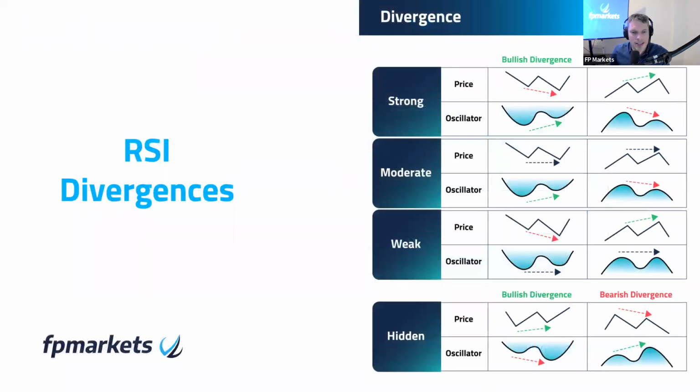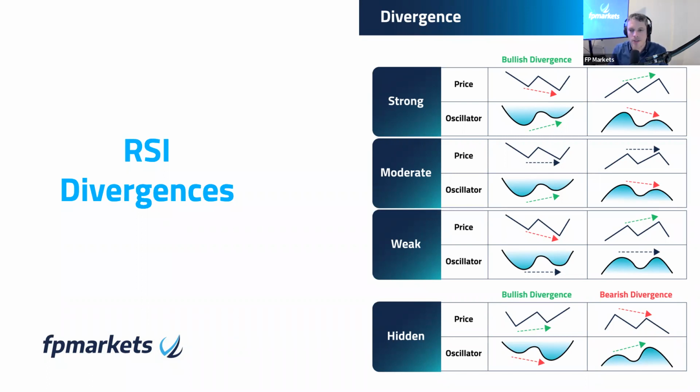Okay, next in line is something I'm sure we've all heard of, the RSI divergence. Wilder actually stated in his book that the divergence signal is the most indicative characteristic of the RSI. Divergence is formed when price movement and the RSI indicator diverge.